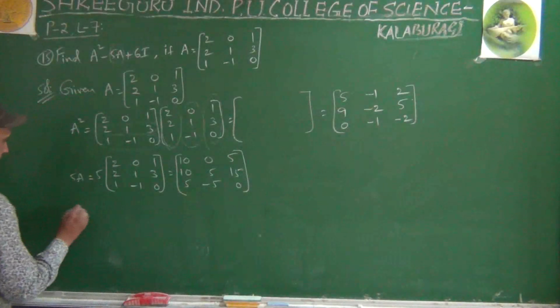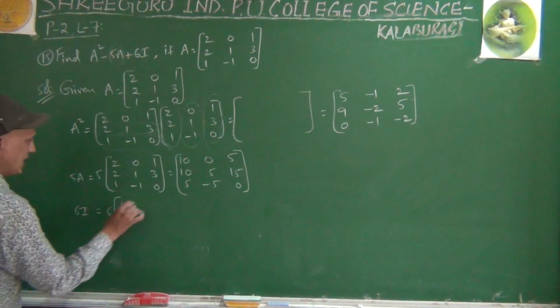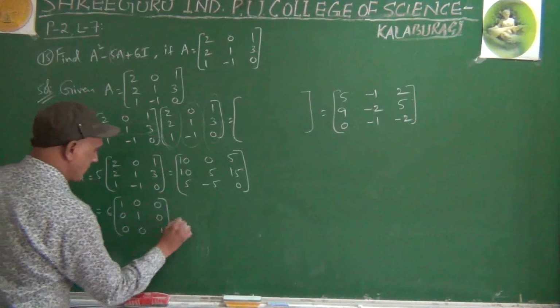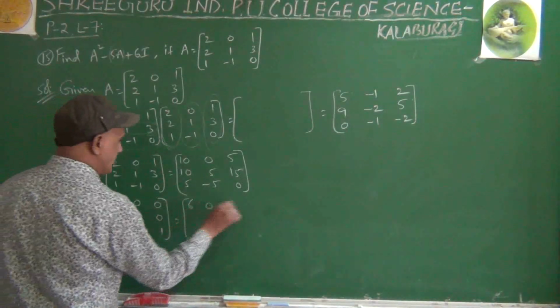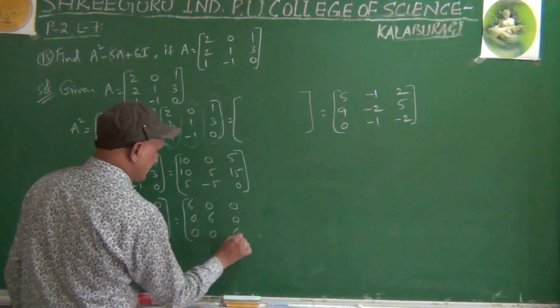Okay, 6I. I means identity matrix, unit matrix. Simple multiplication: 6 0 0, 0 6 0, 0 0 6.